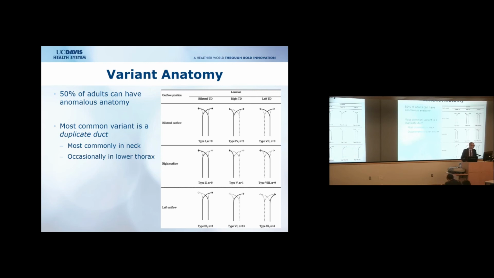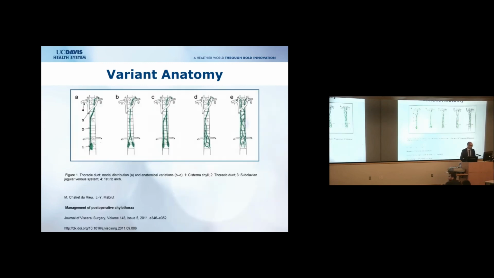The most common variant, which I think is important to know, is that a duplicate duct can be present, most commonly in the neck. In fact, we had a patient who presented with this type of variant anatomy in the recent past, and that would be more along this line here.